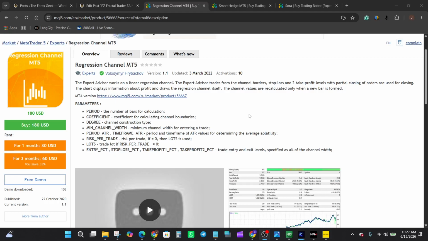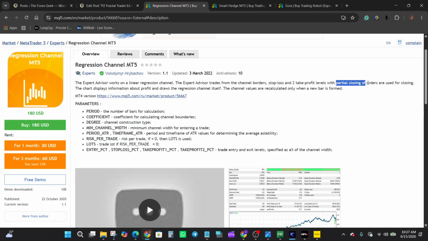Now, an interesting feature mentioned by the developer is partial position closing. Partial closing of orders means trades can be scaled out across multiple profit targets rather than being closed entirely at a single level. Hope that is understood.